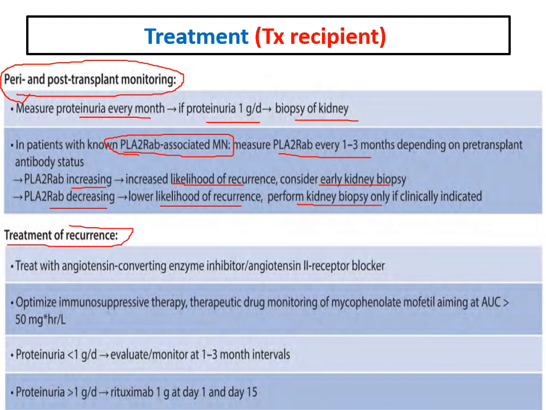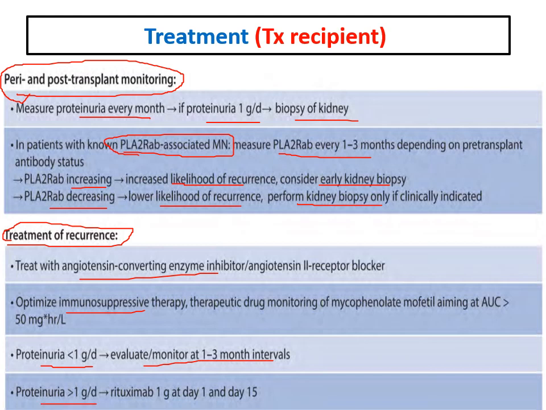What about treatment of recurrence? We should treat with ACE inhibitors or ARBs. We should optimize the immunosuppressive therapy. If the proteinuria is less than 1 gram, we should evaluate or re-evaluate at 1 to 3 months interval.